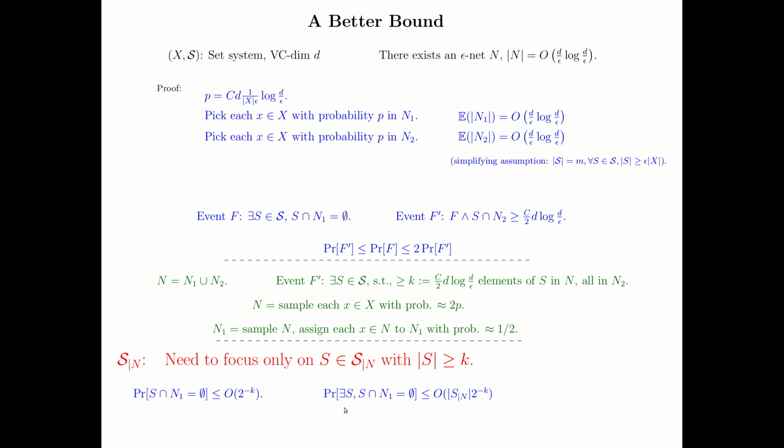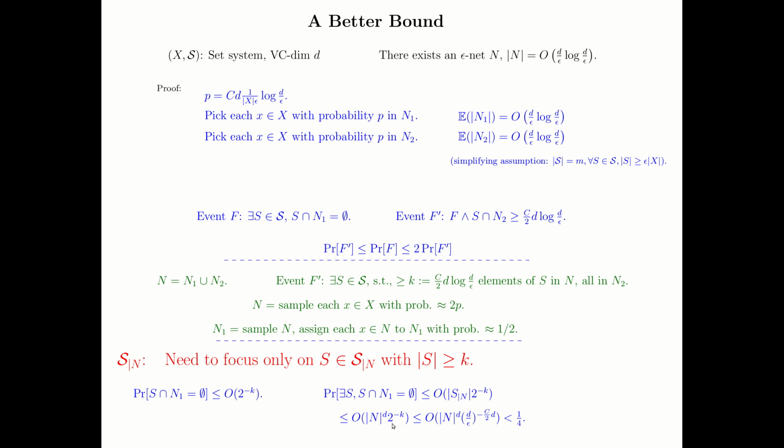Now, if you use the union bound, it follows that the probability of F prime happening is bounded by this. Since the number of elements in the restriction of S onto N is going to be bounded by the VC dimension, we can get the following: the probability of F prime happening is bounded by the size of N to the d times this 2 to the minus k.